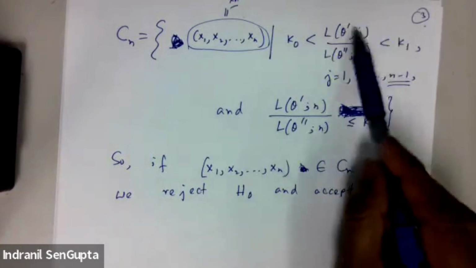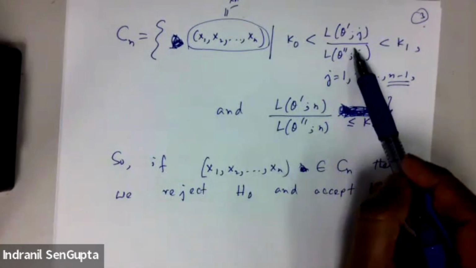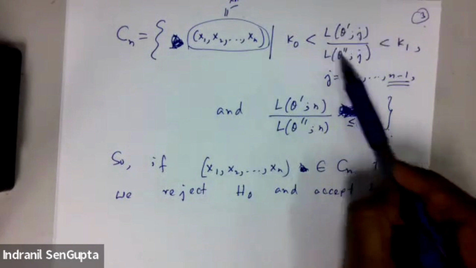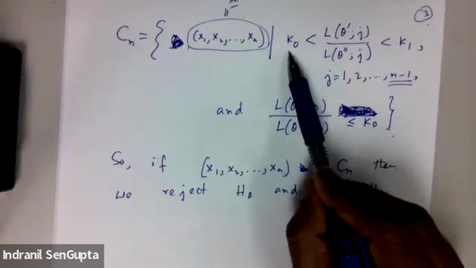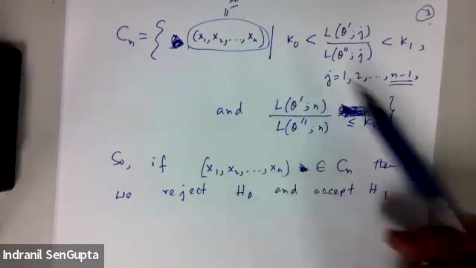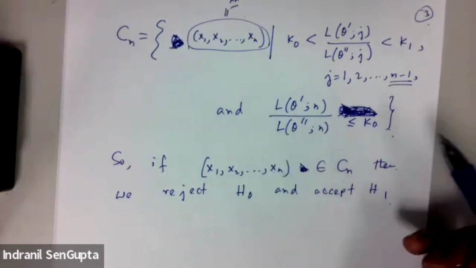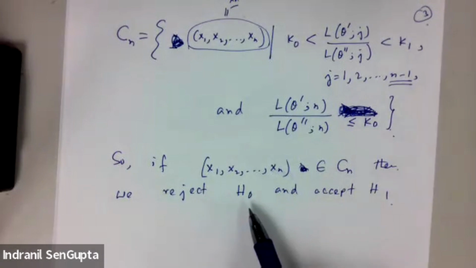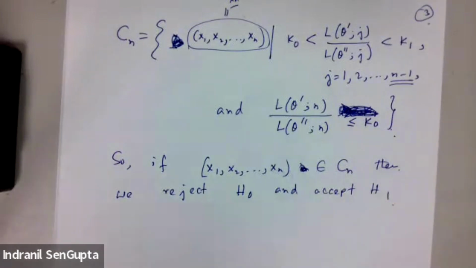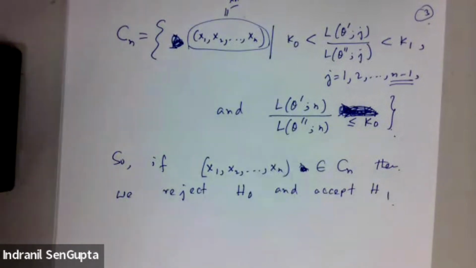As long as they are between these two, we are fine. But as soon as this quotient hits the lower bound K0, then we are in the critical region, and we reject the null hypothesis and accept H1. In this way, we can make it dependent on a certain n. Okay.